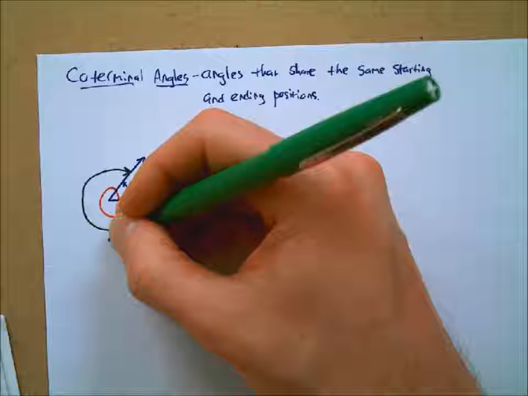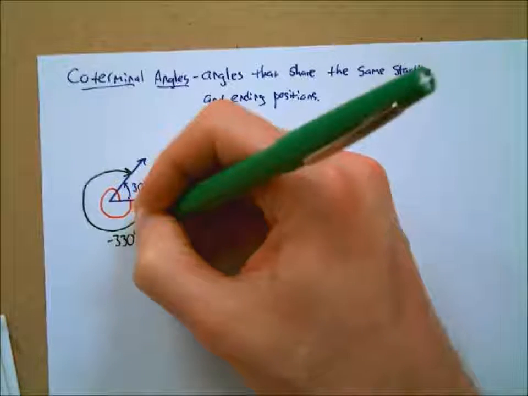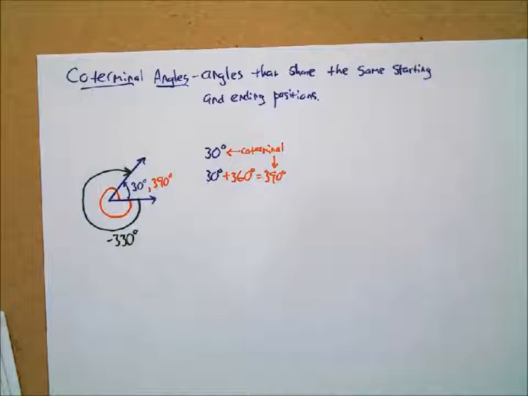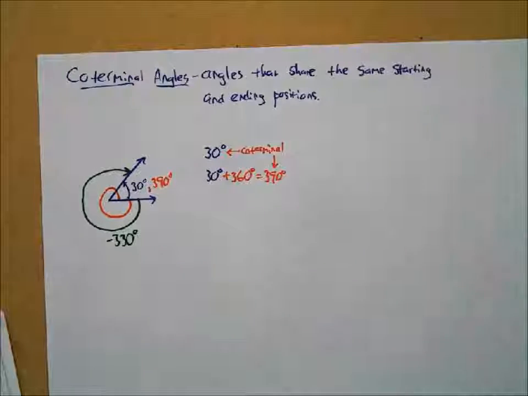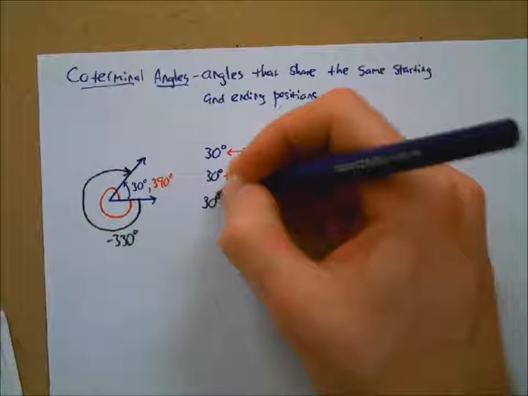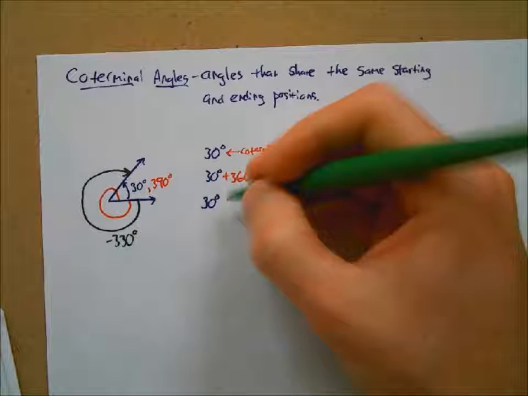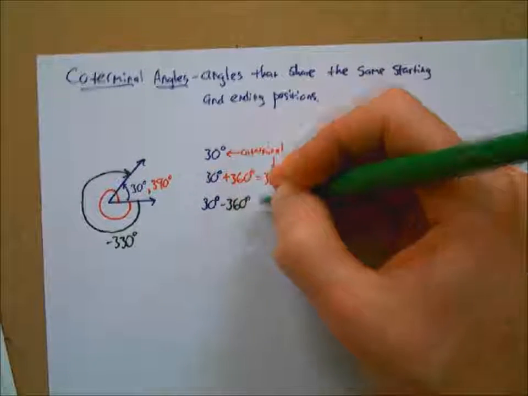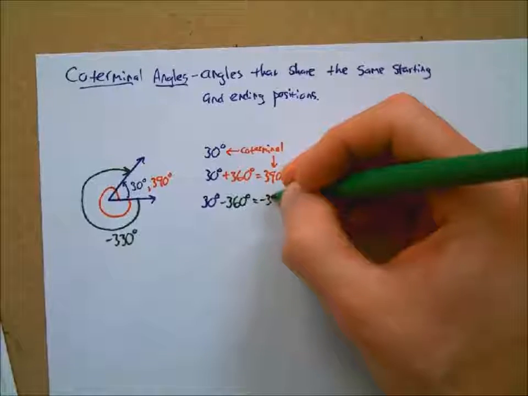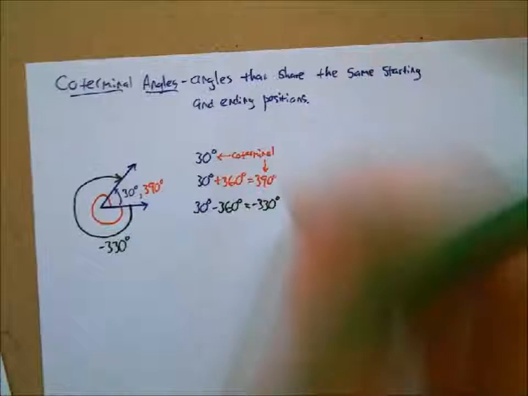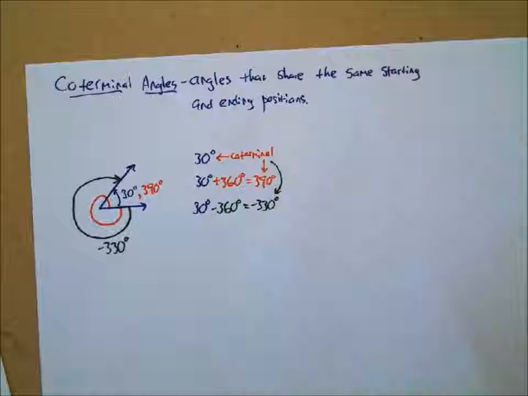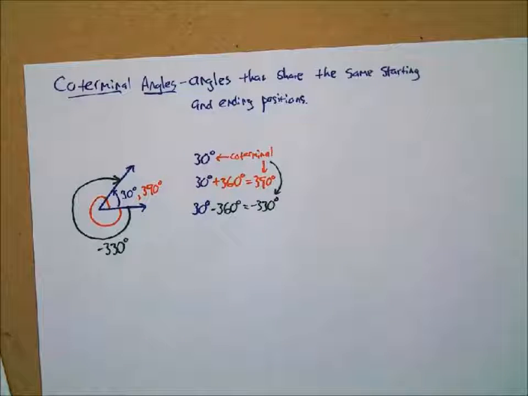So in the green, you can take that 30 degrees and subtract 360, and that'll give us that negative 330 degree coterminal angle. So 390 and negative 330 are coterminal to 30. Or they're all coterminal to each other, really.